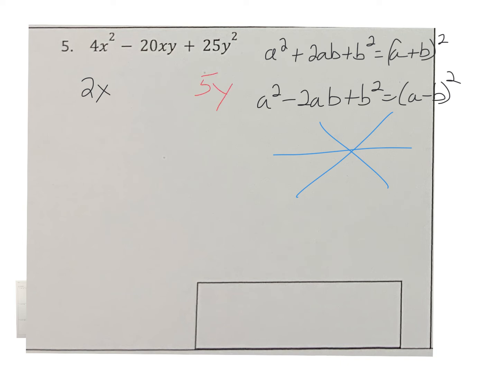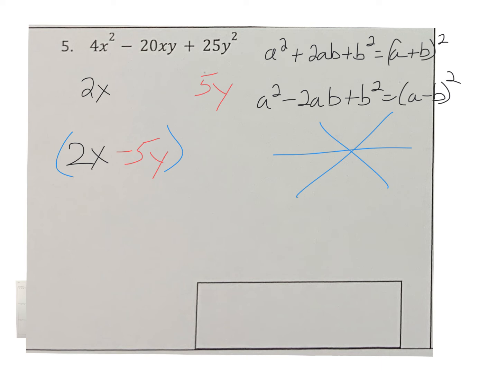So to factor it, it's going to be 2x plus 5y. Actually, this one has to be minus 5y, and then all of that is squared.